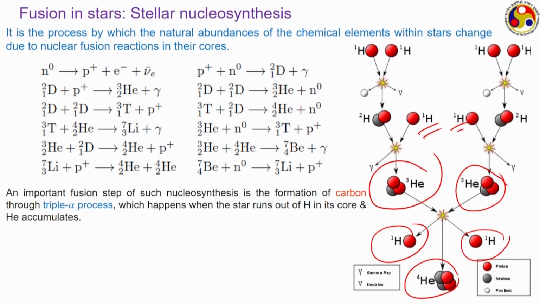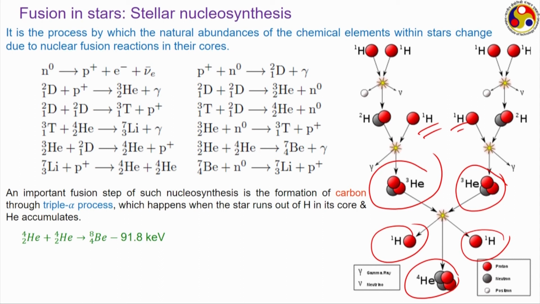A very important stage of such a nucleosynthesis step is the formation of carbon through the triple alpha process. The triple alpha process refers to the reaction between 3 different helium 4 isotopes. This reaction becomes more prominent when the hydrogen stock of the star is about to expire and helium accumulation has happened inside the reactor.